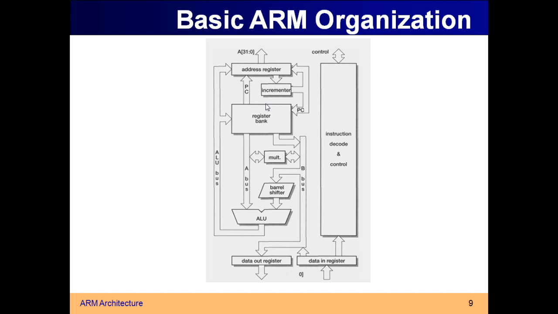Then you can see the program counter. In ARM, the program counter is also a part of the register file. One of the registers in the register file is given the additional functionality of the program counter, right? If you want to increment the program counter, you can do the incrementing operation in the ALU.